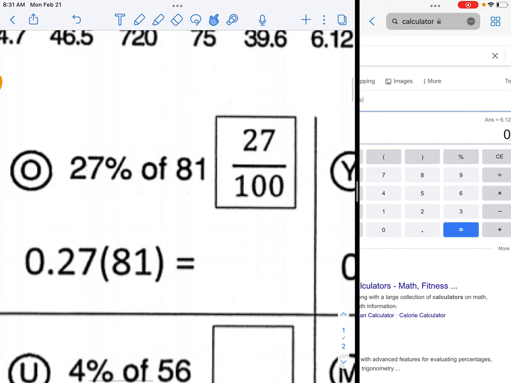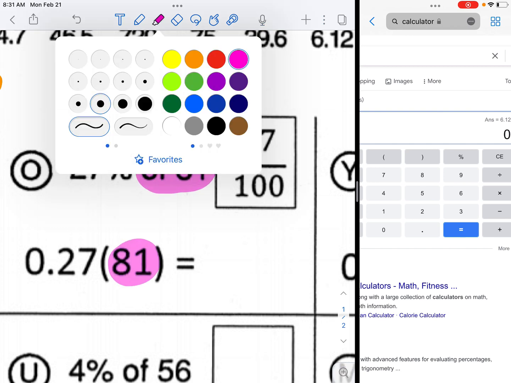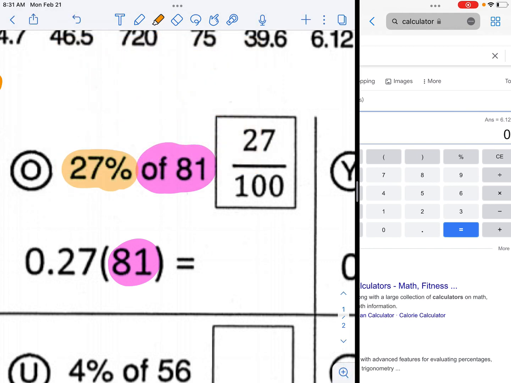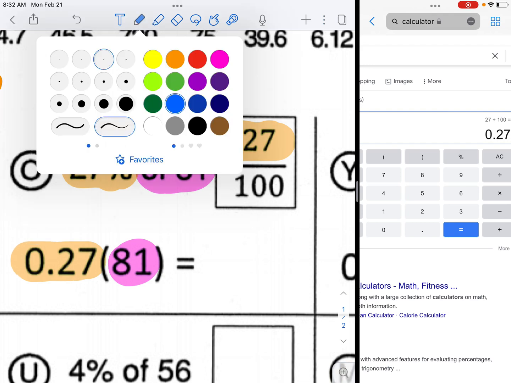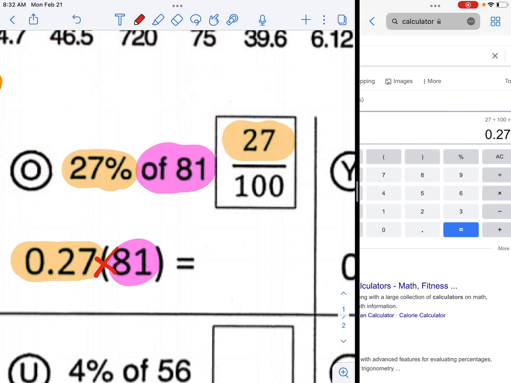27% of 81. Okay, so the very first thing I see is that it says of 81, so 81 went inside. And then 27%, it has 27 on top of 100. That goes in my calculator. 27 divided by 100, 0.27, so Mrs. Toivola put it out in front. And then I'm going to times them.